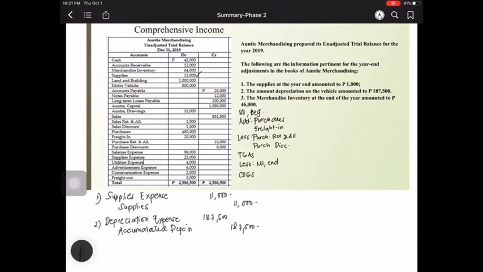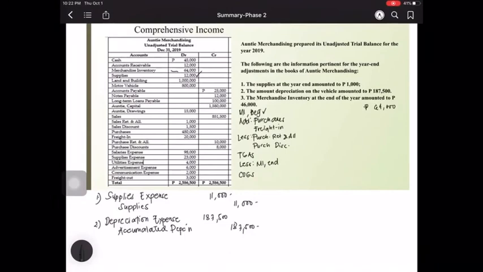Okay, so let's apply this particular formula now. Your merchandise inventory beginning, where do we get the amount of this one again? I told you before that the merchandise inventory beginning is the amount of our merchandise inventory reflected in the unadjusted trial balance. And in our unadjusted trial balance, we have here 64,000 pesos. Okay, so that's 64,000.